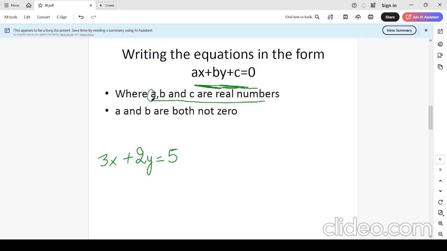Here a is the coefficient of x, b is the coefficient of y, and c is a constant term. The second condition is that a and b are both not 0. It means that the coefficient of x and the coefficient of y should not be 0.